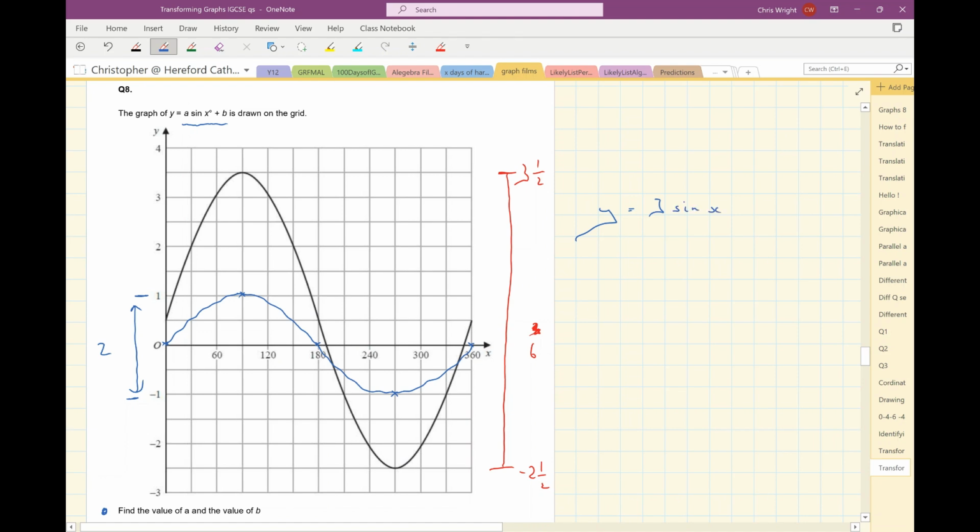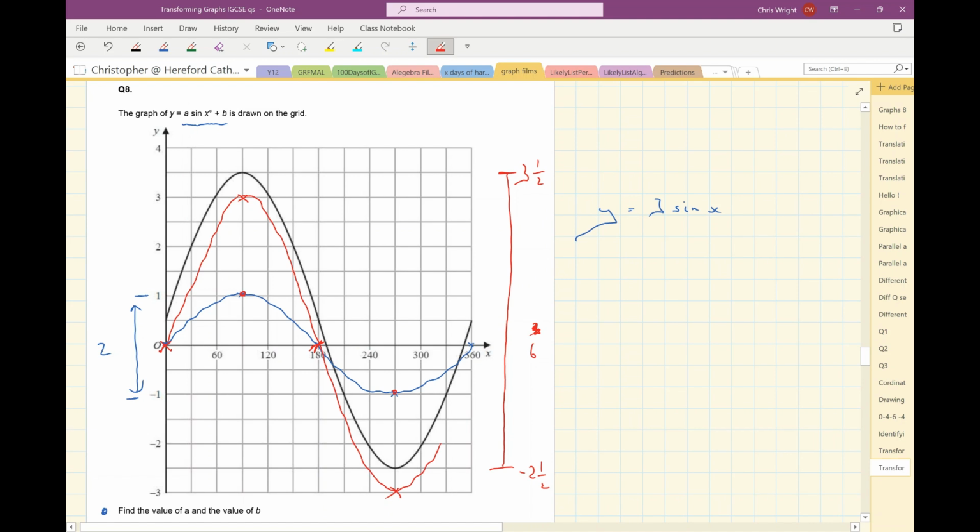Now, if I were to stretch my graph by 3, then it would look like this. That would remain there. This point would be up here. This point would remain at 0. This point would move to here. So simply y equals 3 sine x would be here.